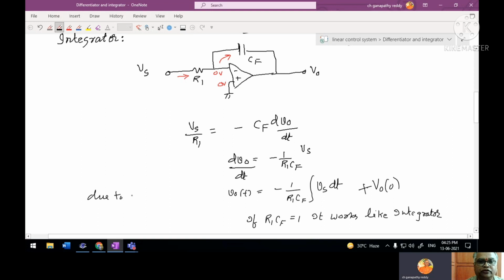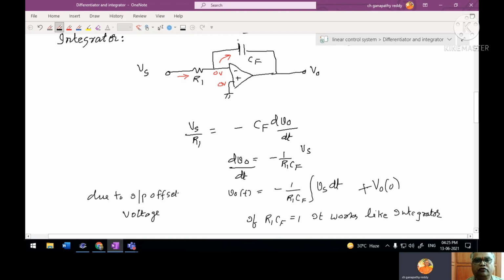Due to the input offset voltage, ideally this is 0, 0 will come, but practically there may be some small voltage. Because of that, some current will flow.